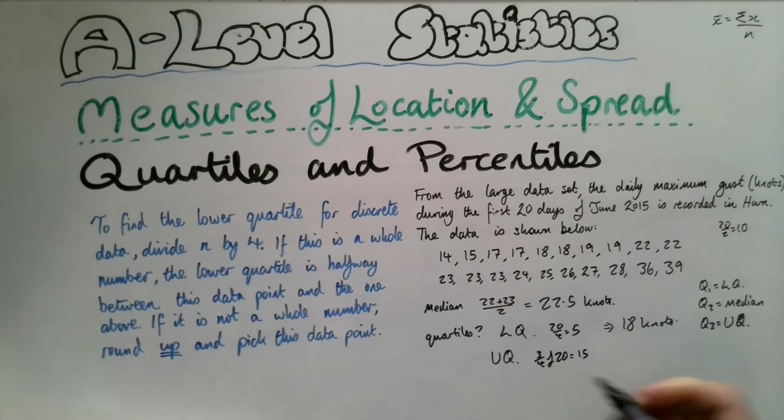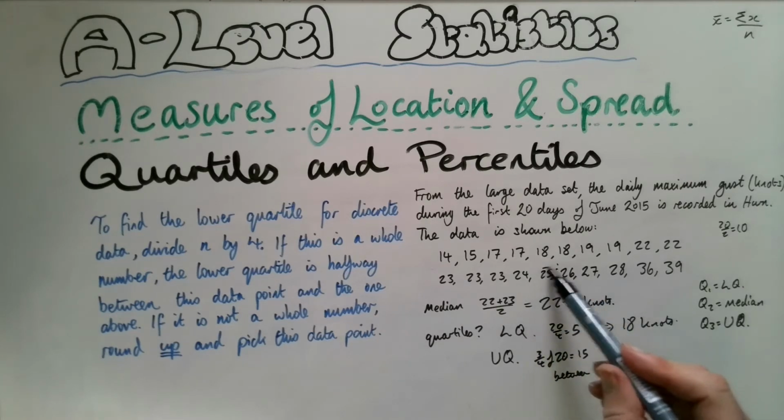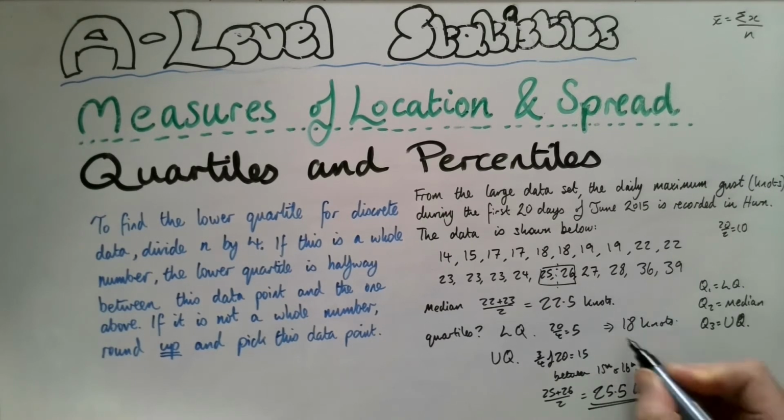So then it's going to be between the 15th and 16th values. So it takes a little bit of getting used to, but it's basically the same thing. So we've got 10, 11, 12, 13, 14, 15 and 16. So we're going halfway between those two. So 25 plus 26 over 2 gives us 25.5 knots.